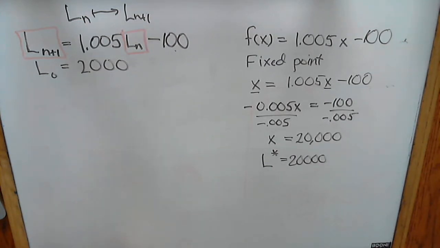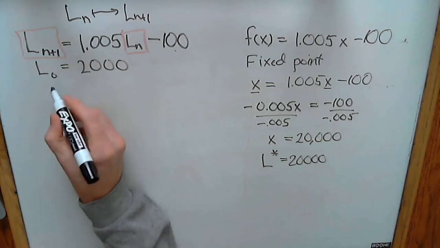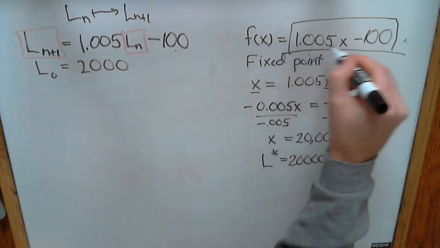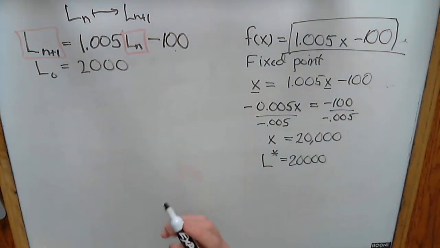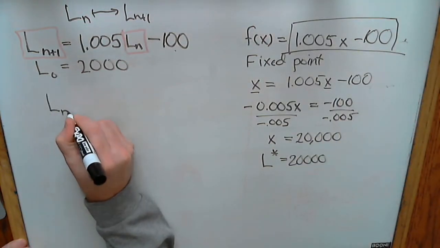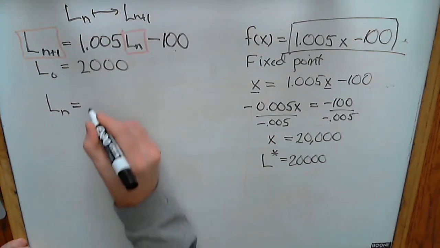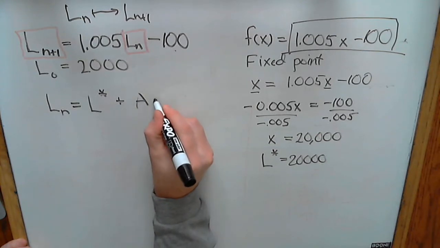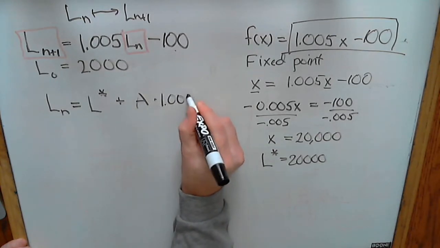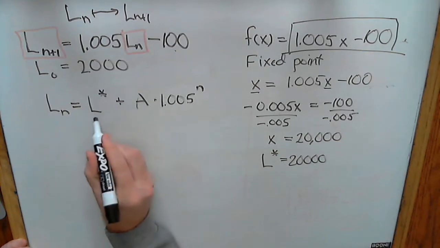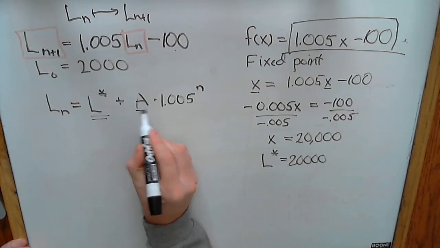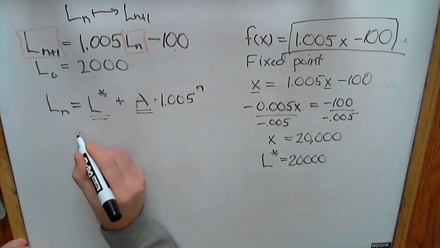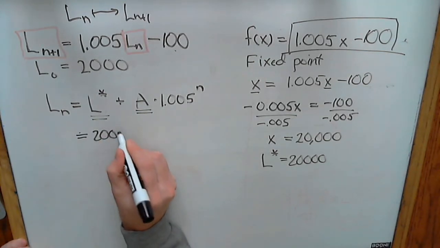One of the things we did with projection functions, when it was a form, see, this is a linear projection function. It's a slope times the input plus a number. My sequence has an explicit formula where I've got my fixed point plus some constant that we need to find times my slope raised to the power n. And our fixed point is 20,000.